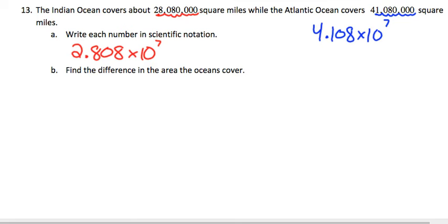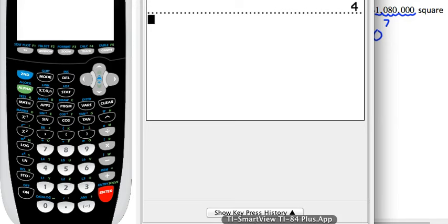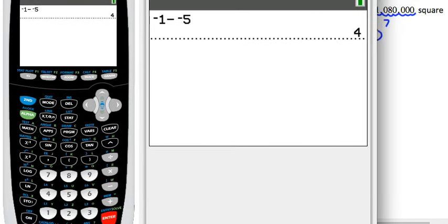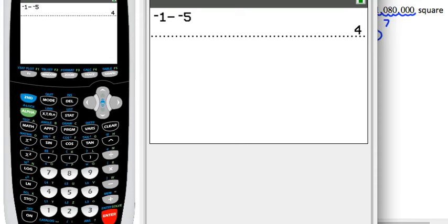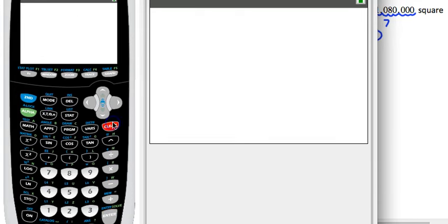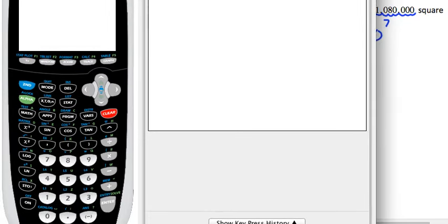So to find the difference between them, I'd recommend you use the calculator, okay? To avoid any mishaps, what I would recommend that you do is go back and use the original values, okay? So I would use the original 41,080,000, and I would subtract off that originally written 28,080,000.